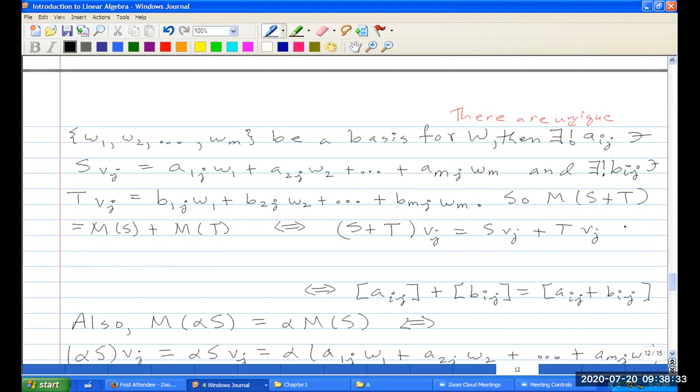Equals. So S Vj, these are the A's: A1j W1 plus A2j W2 plus dot dot dot A sub Mj WM. That's for the S's.